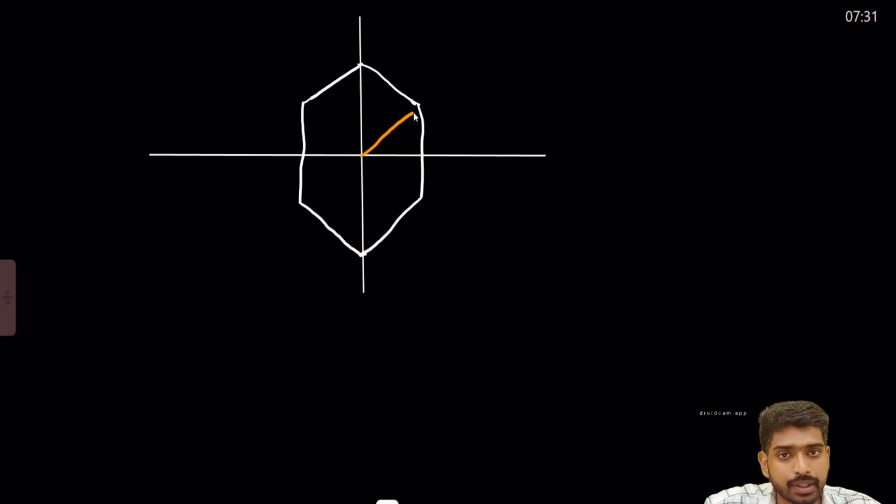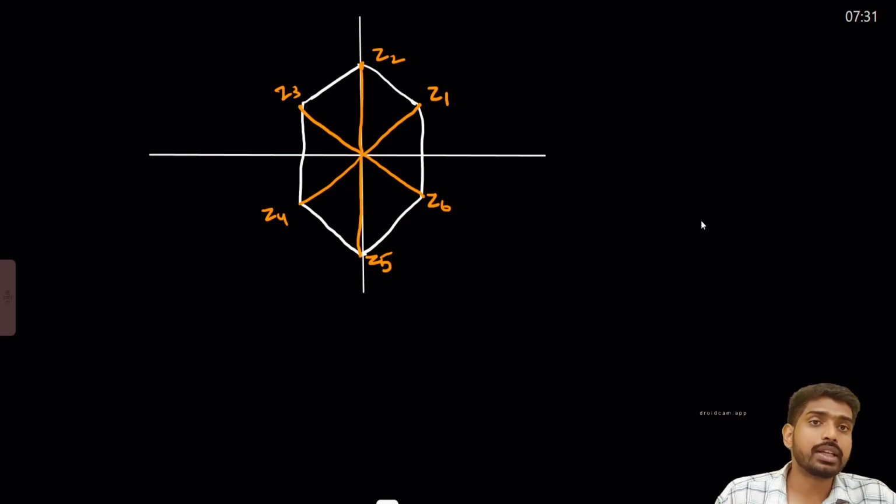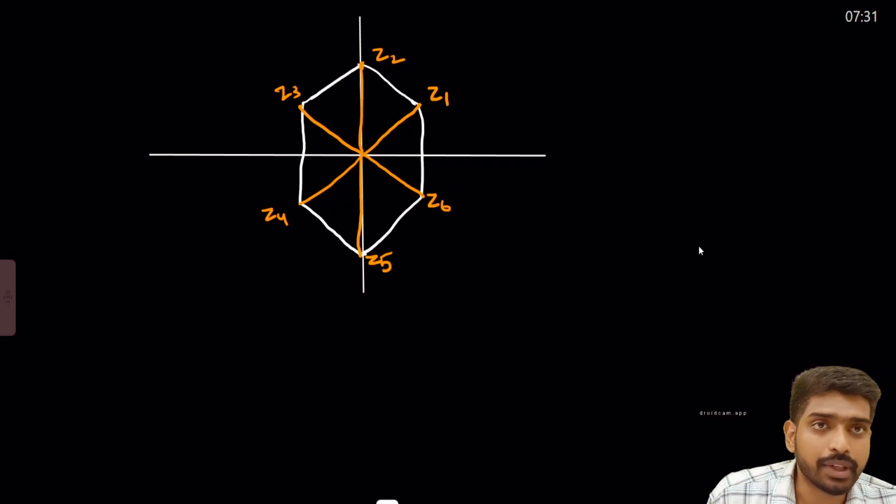Here I'll get Z1, here is Z2, here is Z3, here Z4, Z5, and here Z6. And when I find Z7, Z7 will be equal to Z1. So Z7 becomes Z1 only. That's why we don't keep the value of m more than n minus 1.